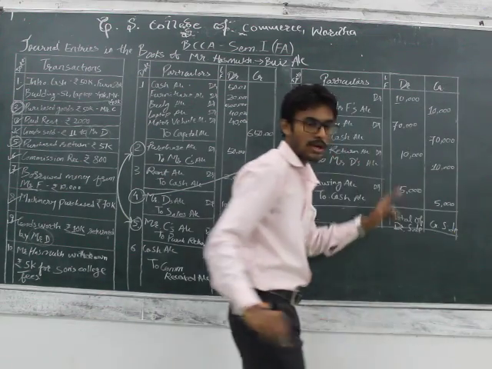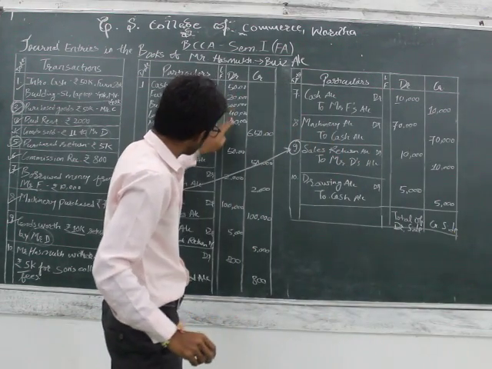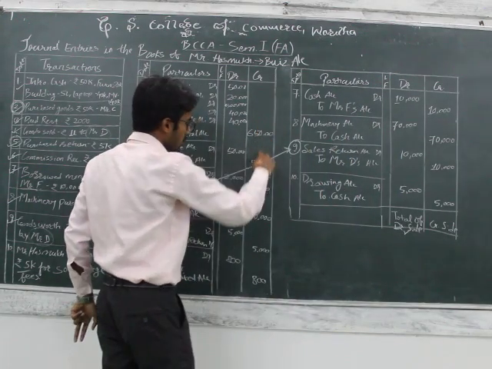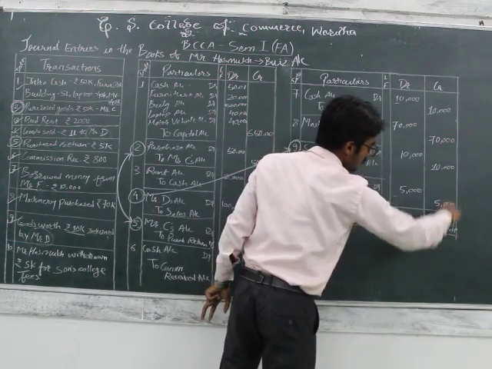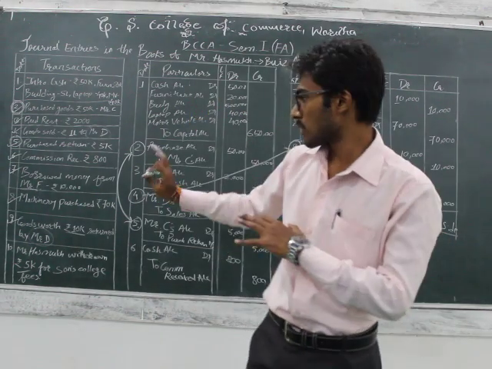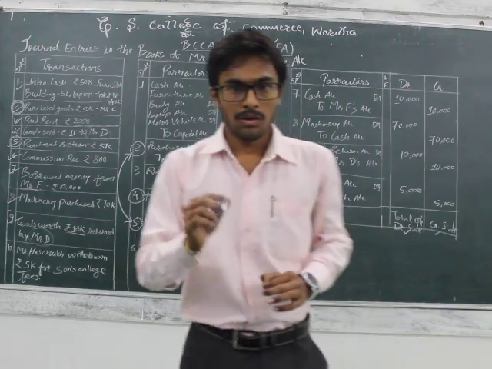You can calculate by your own these all and these all, and the calculation of this, the sum of this you can write here. Okay, so we have finished with this transaction.